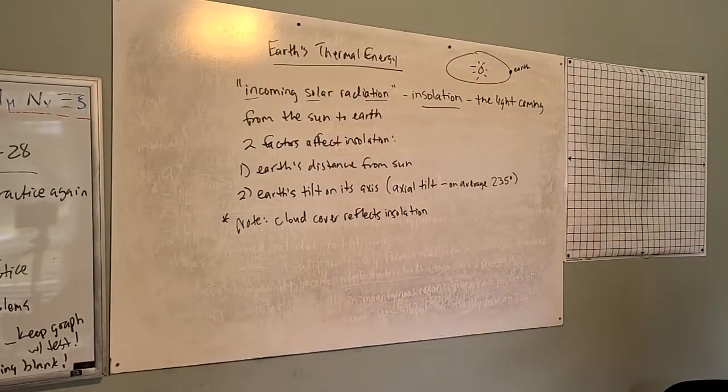How much of this solar radiation is coming to the Earth is definitely dependent on the two factors that we've listed here, the Earth's distance and the Earth's tilt, but the weather on the Earth can also affect how much of it gets through. If there's a lot of cloud cover, that insolation is going to be reflected, and that portion of the Earth at that time is not going to get as much insolation.